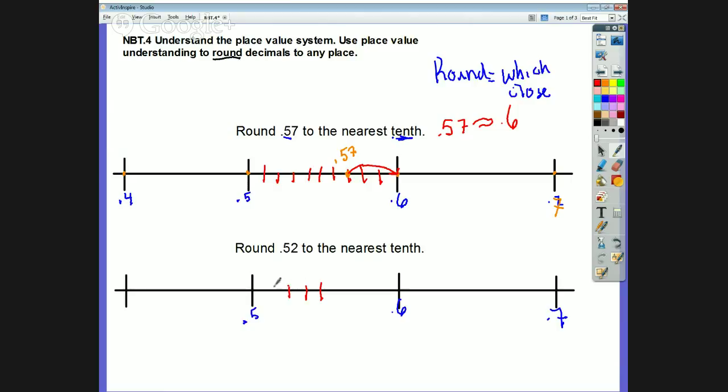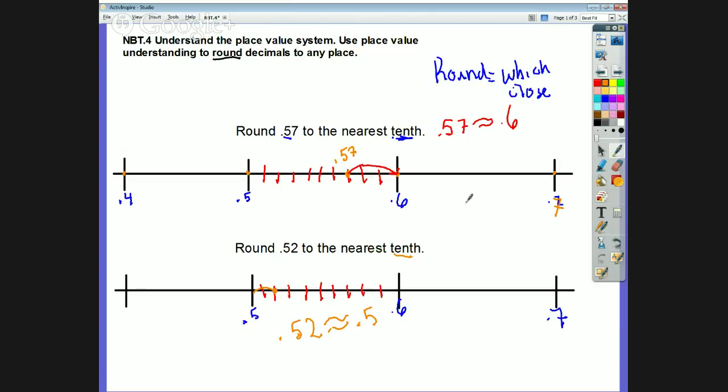This is 50 hundredths, 51 hundredths, and 52 hundredths is right here. After we graph, we can easily see which tenth we're closer to: we're closer to 5 tenths. So 52 hundredths is rounded to 5 tenths.